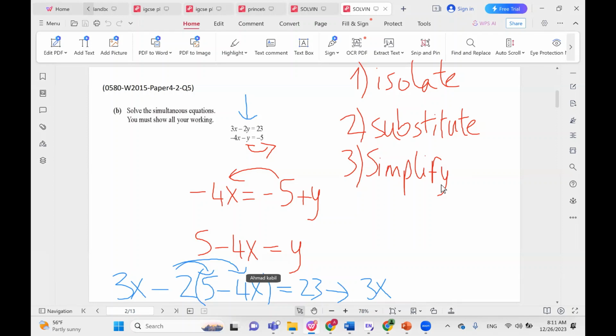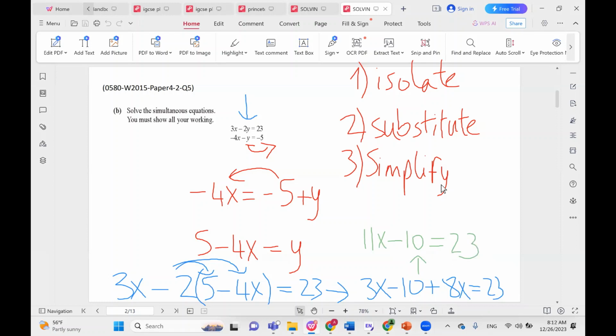You have to multiply by negative 2. So you get 3x minus 10 plus 8x equals 23. And then further simplification here. You get 11x minus 10 equals 23.